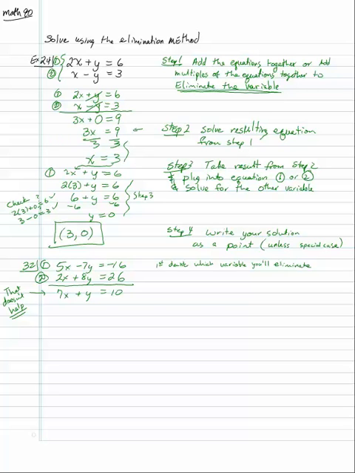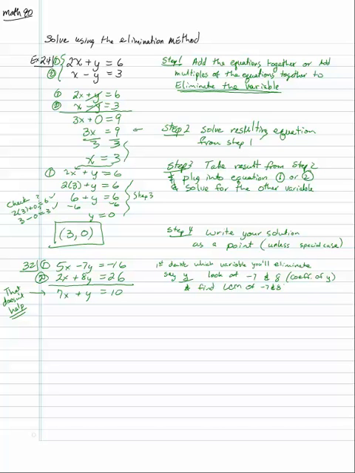So I'm going to get rid of y. Okay. So now you're going to look at the coefficients and find the LCM, it's like an LCD of those numbers. What I'm trying to do is multiply these by numbers that will give the same number, but one's positive, one's negative.